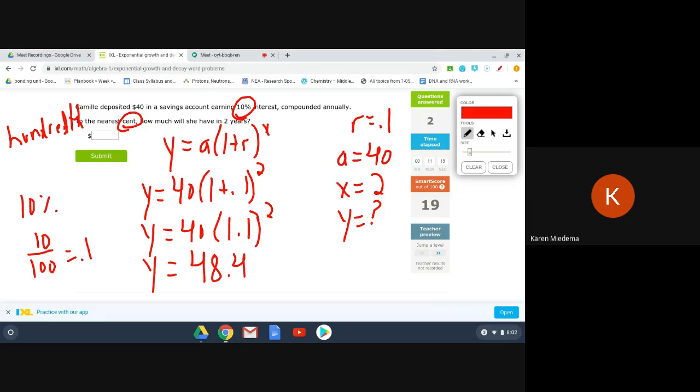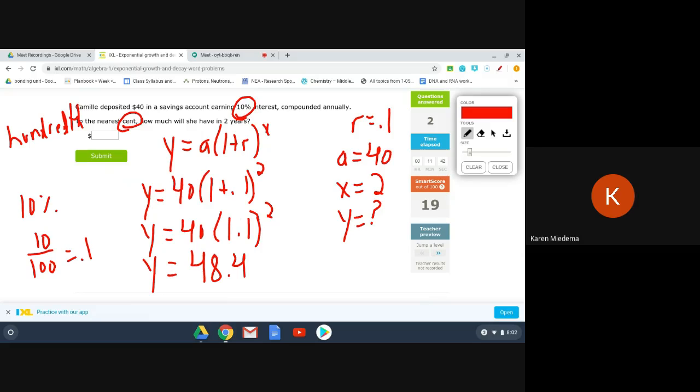Be careful here on these compound interest problems. Sometimes it'll say how much money is in the account. Well, that would be $48.40. Other times they may say how much money was earned. Well, if the person put in $40 and they now have $48.40, you have to subtract those two values to find out that $8.40 was earned.